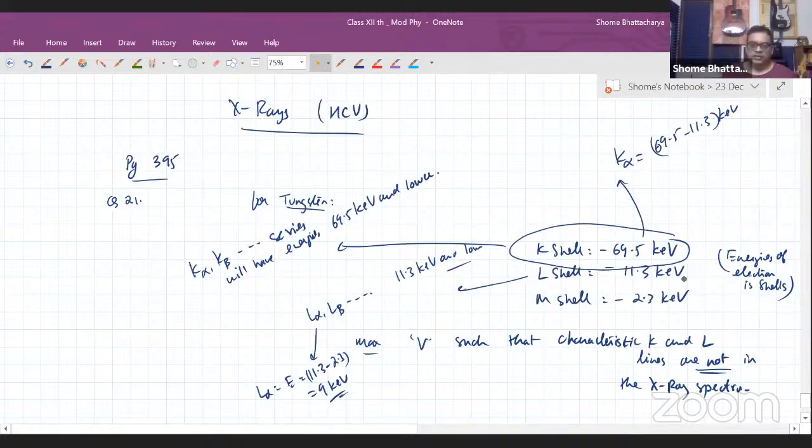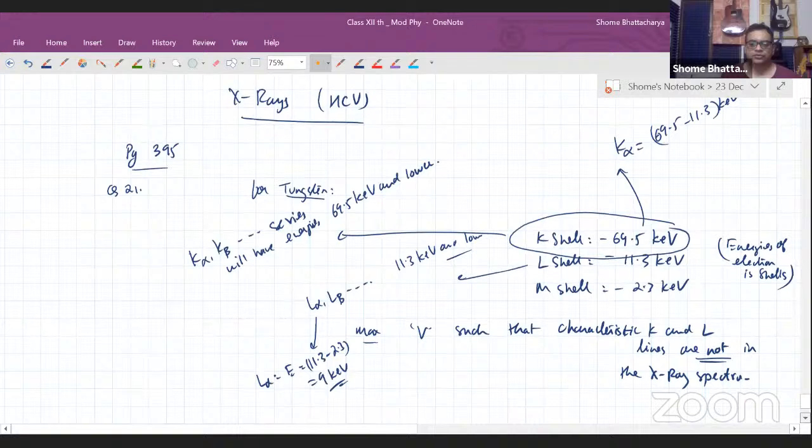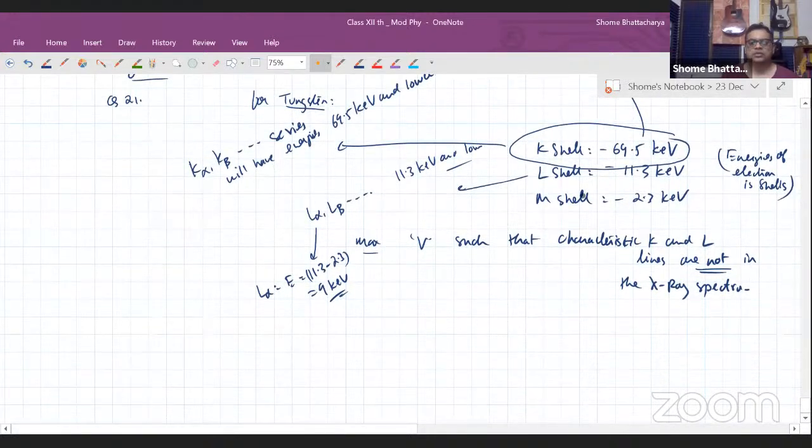Okay. So that means our incoming electrons should be of such energy that they're not capable of ripping out either K shell electrons or L shell electrons.